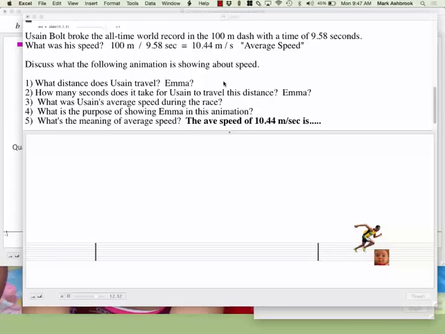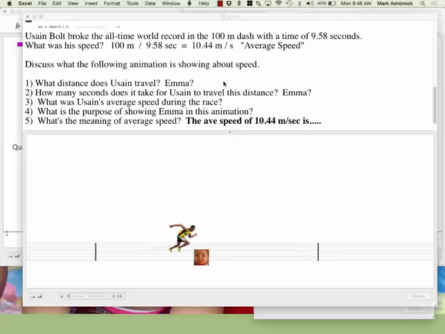So what does it mean? Anyone want to give it a shot? 10.44 meters per second is what speed relative to Usain? What's that? His starting and finishing speed? Is that what you're saying? No, his starting speed was 0 and his finishing speed was faster than 10.44. The change?